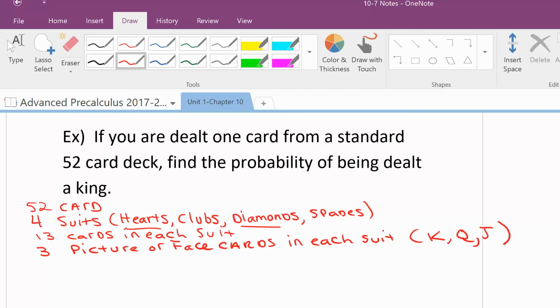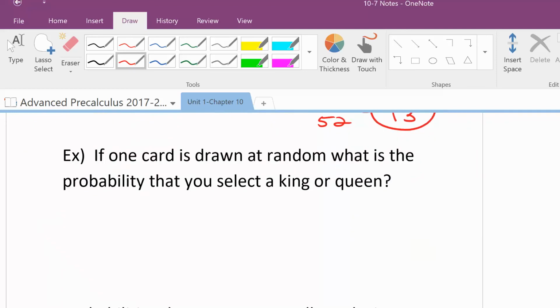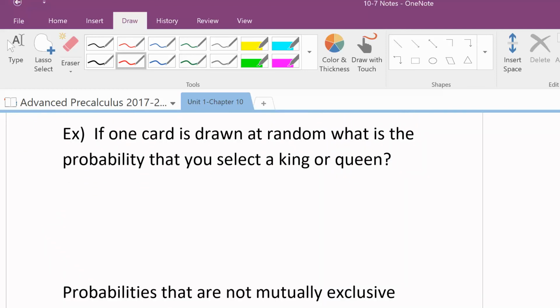So in this case, probability of being dealt a king. Well, there's 4 kings in the deck. There's 52 cards. So 4 out of 52 is 1/13. If 1 card is drawn at random, what is the probability that you select a king or a queen? Or means you're going to add.